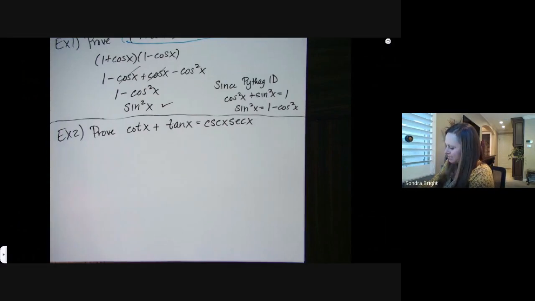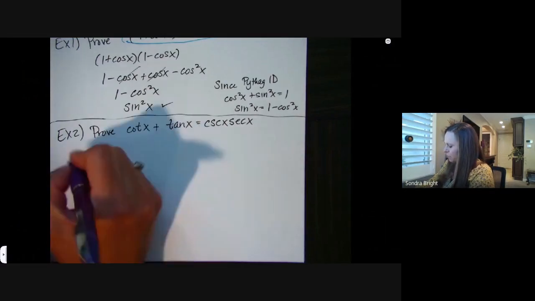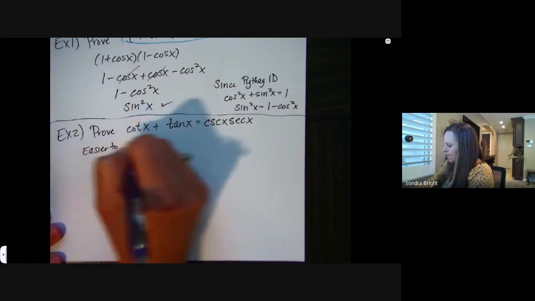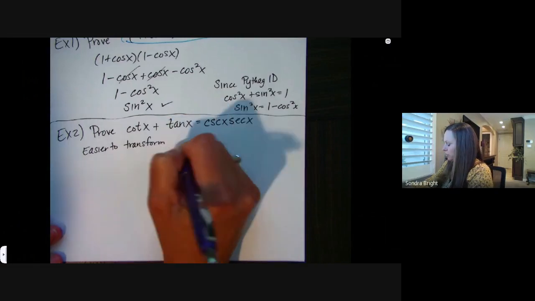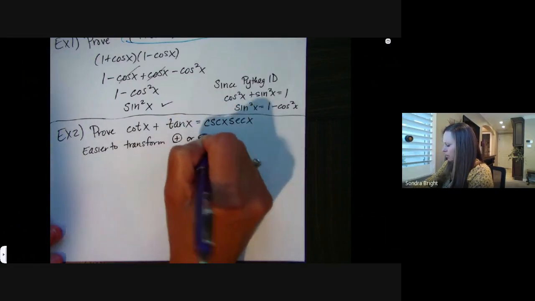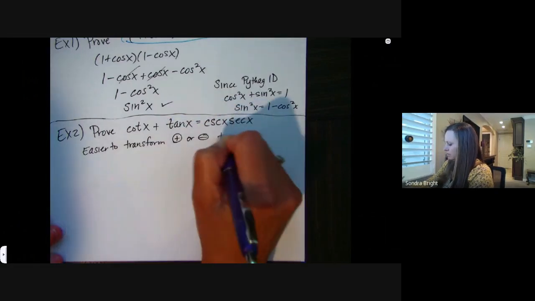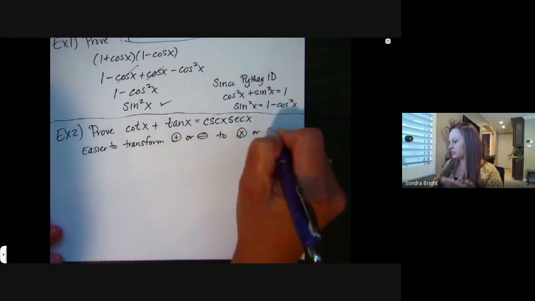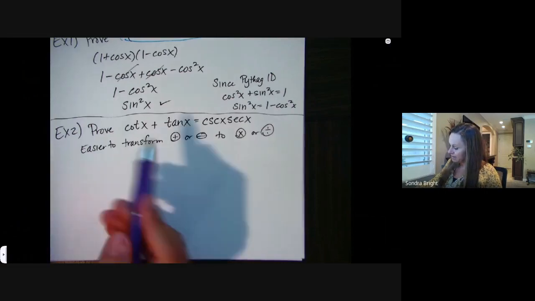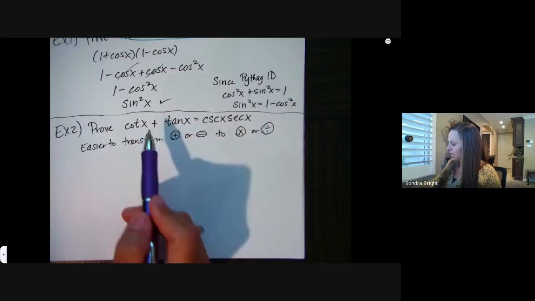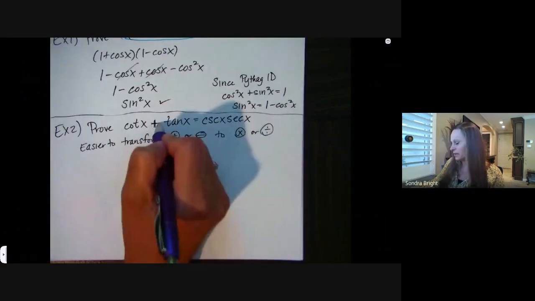But here's a hint: it's easier to transform addition or subtraction to multiplication or division. Okay, it's easier to take the left-hand side here, since this has a trig function plus another trig function equals a trig function times a trig function.